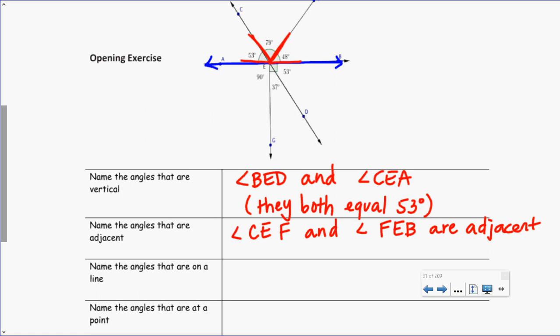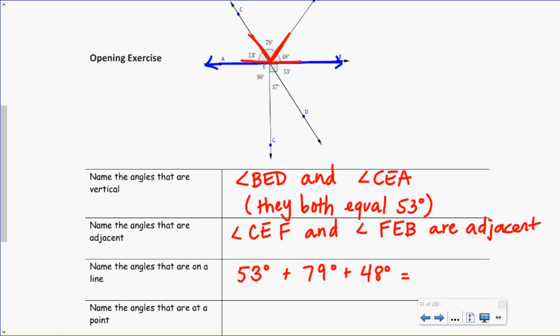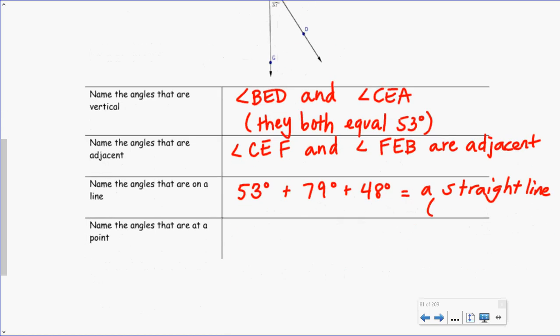Let's just go ahead and name it that way so that we can see clearly. It's a little quicker to just name them that way. 53 degrees plus the 79 degrees plus the 48 degrees equals a straight line. And how many degrees is a straight line? It is 180. So let's go ahead and put that in parentheses there.